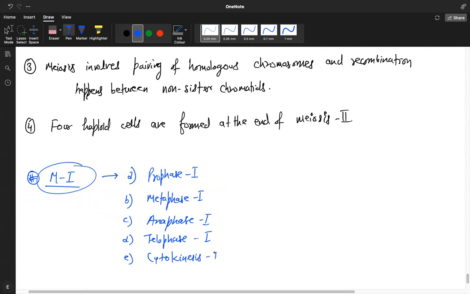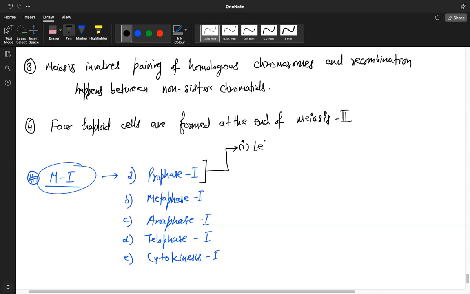Everything looks the same as mitosis, but the trick is here. Prophase is the longest phase, right? Yes. Longest and the most complex phase of the meiotic division cycle, especially the first meiotic division, because prophase 1 itself is divided into 5 components. First is, you have made these notes, right?